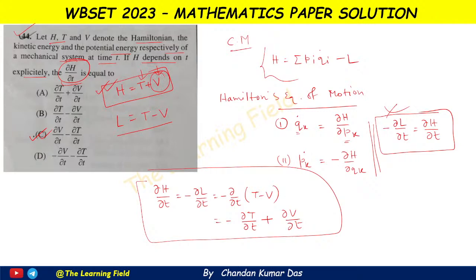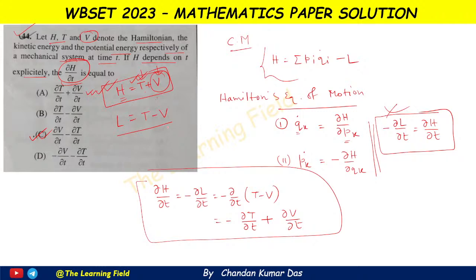In that case we can write H equals T plus V, and then del H del t equals del T del t plus del V del t. In that case these options may be true, but here there is no such condition given regarding V.